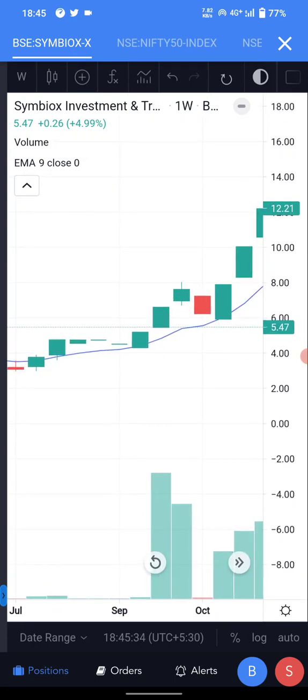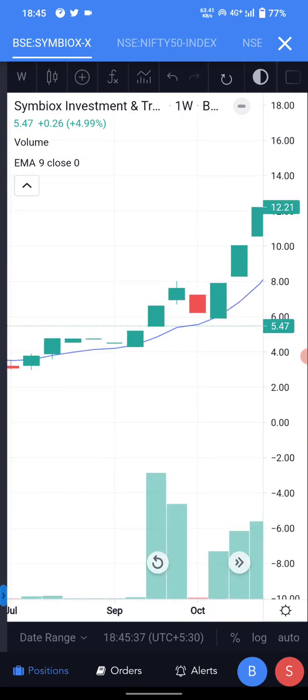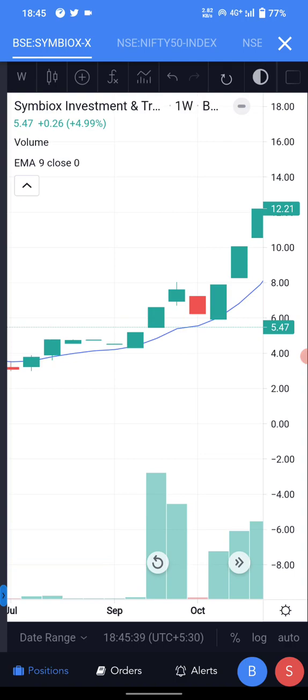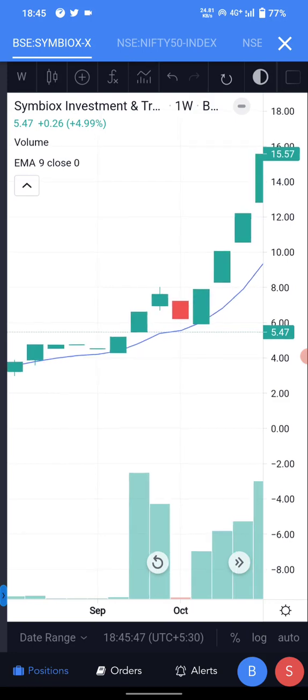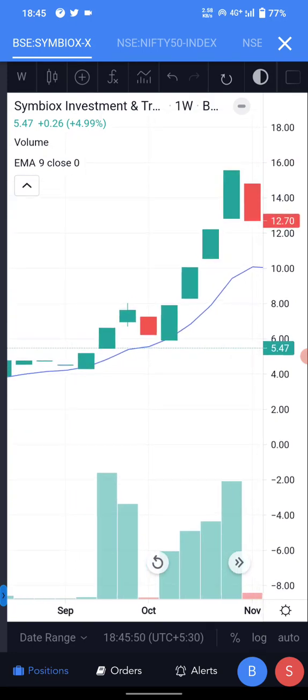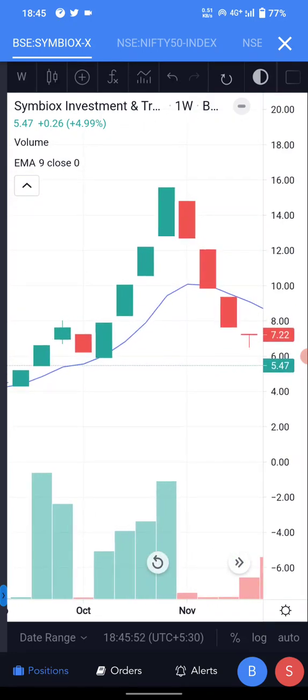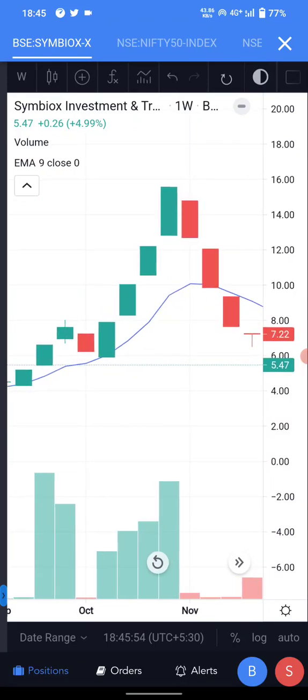After this red we have this green candle where the buyer's strength is less, and it is almost below this EMA line. And the candle which is left of this green is almost above, just 10% of that is below the line.